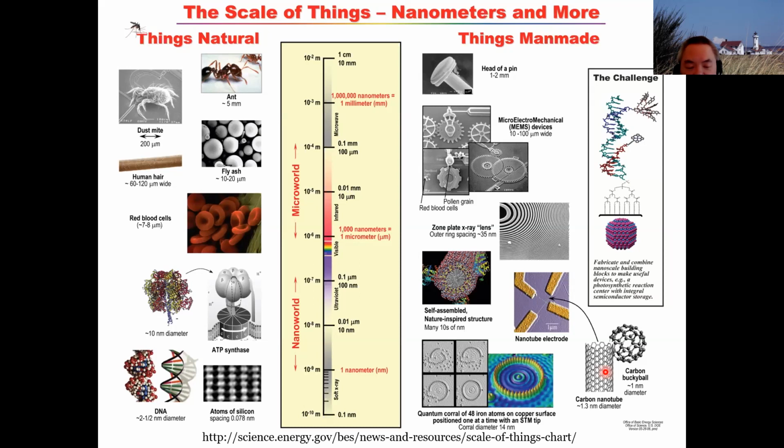And what my group is interested in fundamentally, at the end of the day, is not only to create, tune, and tailor these sorts of materials, but to use them within biologically relevant contexts and applications. For instance, drug delivery, or imaging, or other types of sensing, which we have worked in as well.